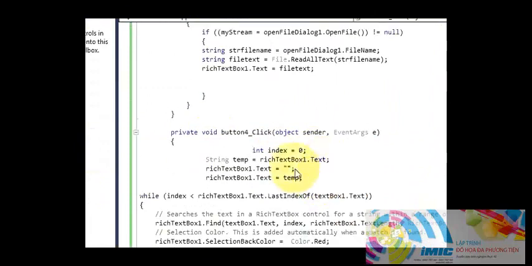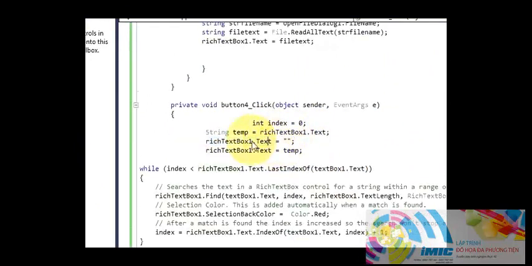Then just clean your rich text box: richTextBox1.Text equals double quotes, and complete your code. Then write richTextBox1.Text equals temp and a semicolon.